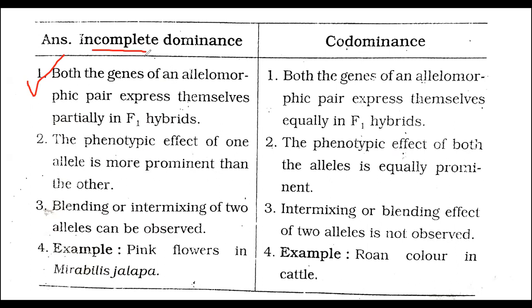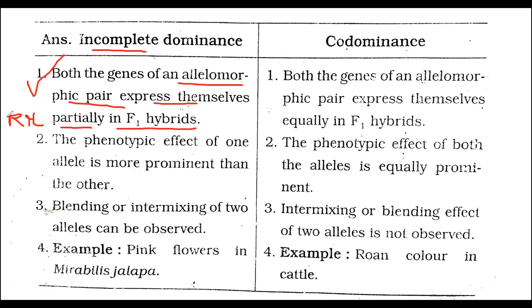What happens in incomplete dominance? Both the genes of the pair, there it was red, capital R, and small r, white. Both of them express partially, incomplete, not complete, partially half in the F1 hybrid.